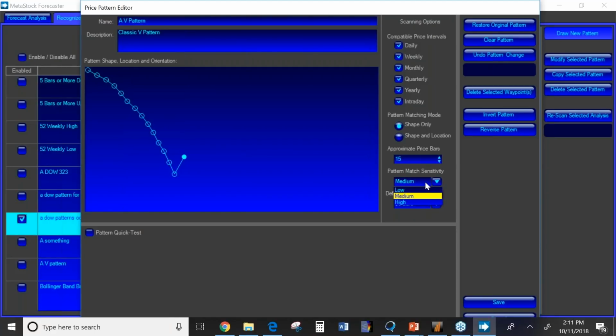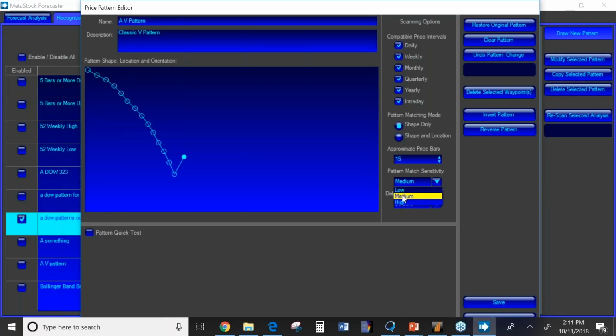And you can set that to wherever you want. Obviously, with a low sensitivity, it'll get more patterns, which will give you more statistics, but the statistics might be less valid, right? With a high sensitivity, you might get fewer patterns, which will mean less statistics, but those statistics might be more valid because you are only looking for very pure patterns.